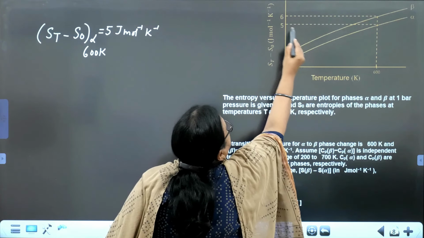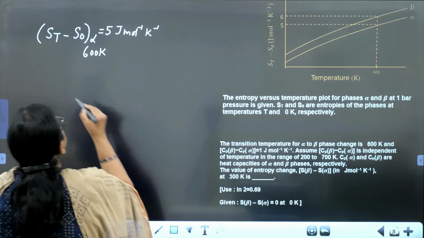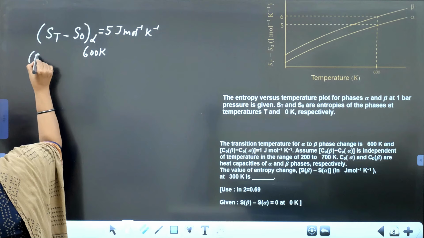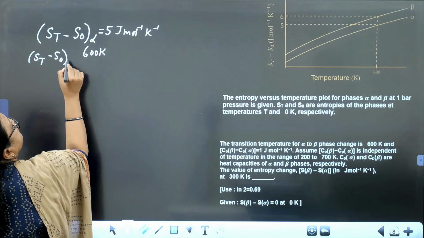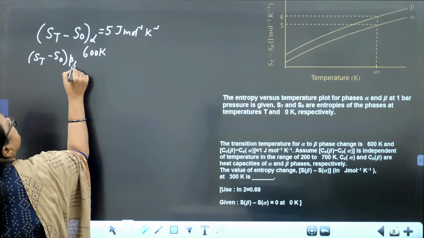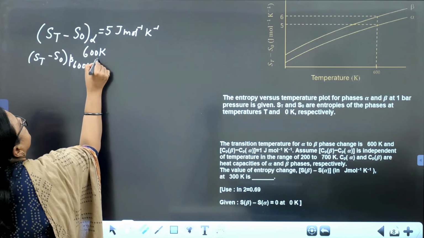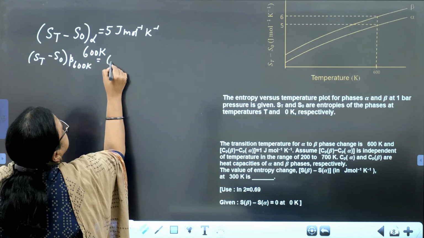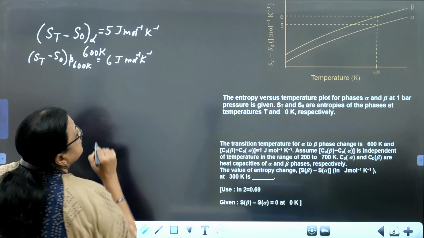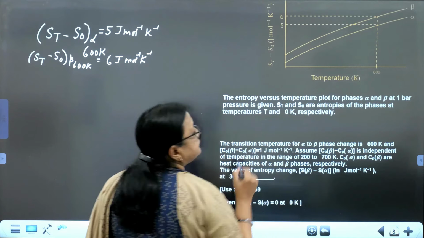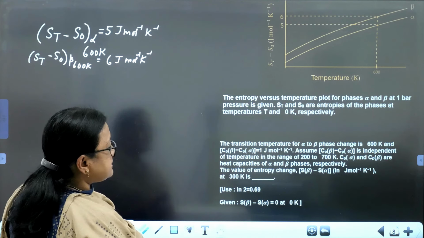And you are also provided with S at T Kelvin minus S at 0 Kelvin for beta at 600 Kelvin, given as 6 joule per mole per Kelvin from the graph. This data is given to us.